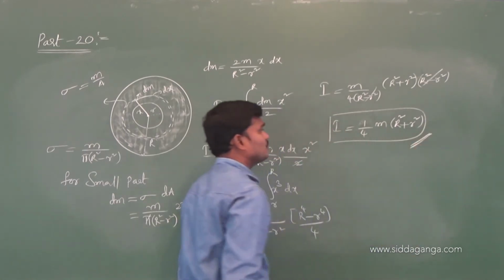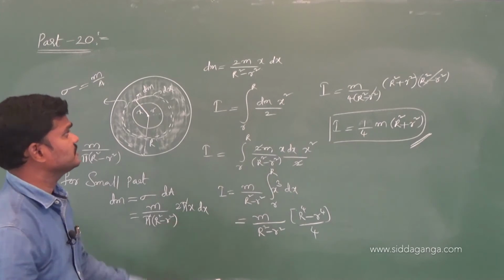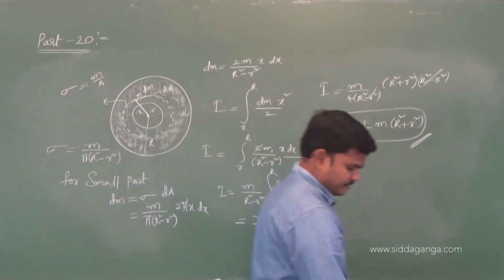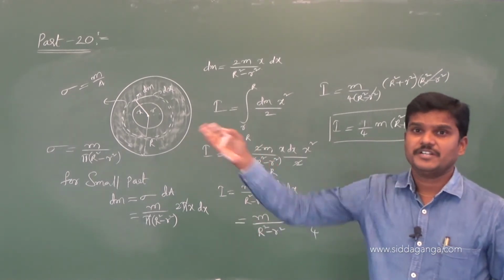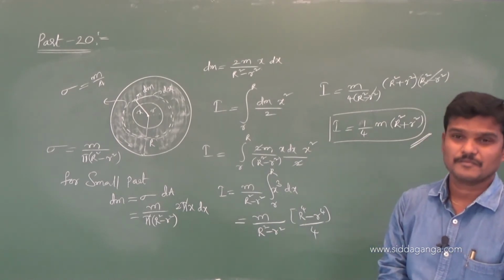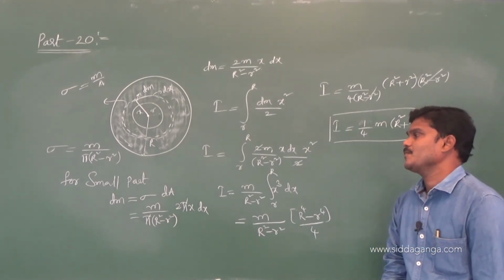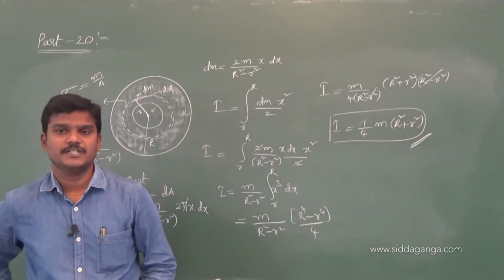I am getting 1 by 4 M (R² + r²). Verify the calculations, any integrations or anything. The process is already covered in plenty of questions. This is also one of the good questions. Practice this type of questions.